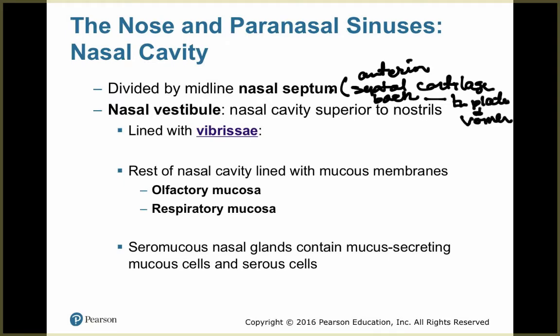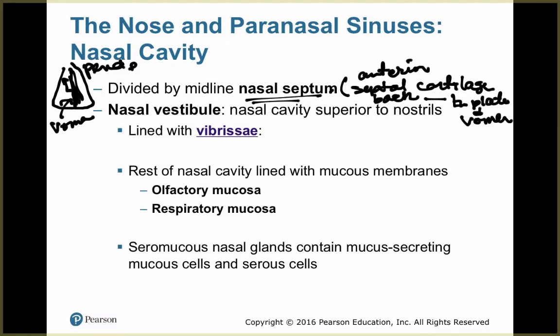About halfway up was the perpendicular plate, and then the ethmoid bone, and the vomer was on the bottom, and this continued on back. So that structure in the middle, some of it is cartilage and some of it is bone, and that is essentially the nasal septum.